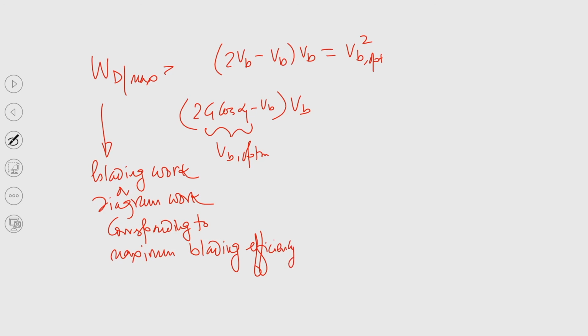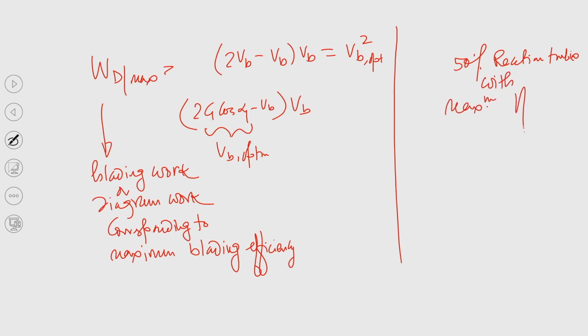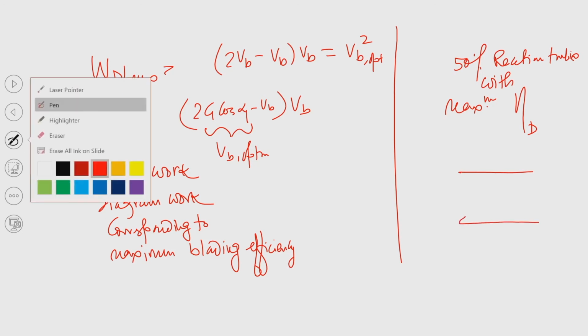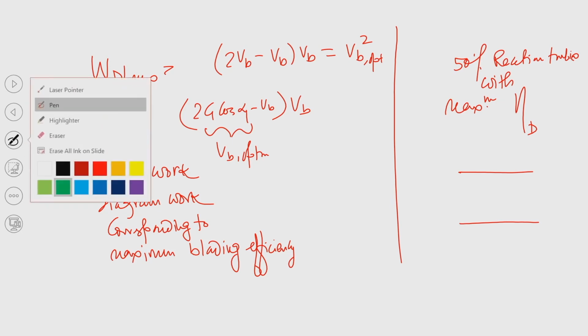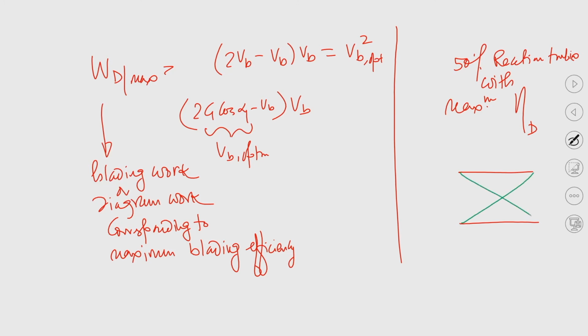Okay. Now, if we try to draw the velocity triangles for this 50% reaction turbine, with maximum blade efficiency, so, 50% reaction turbine with maximum eta d, then it will be like this. So, then we will be getting, okay.